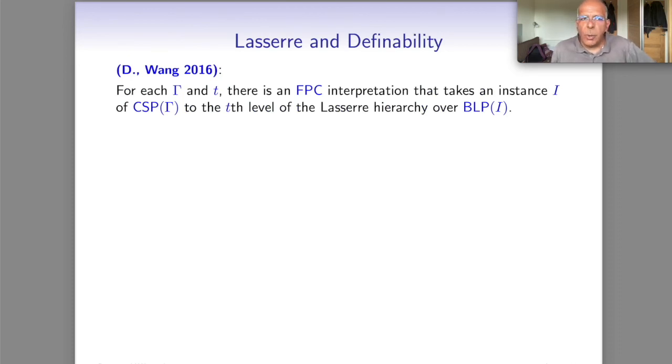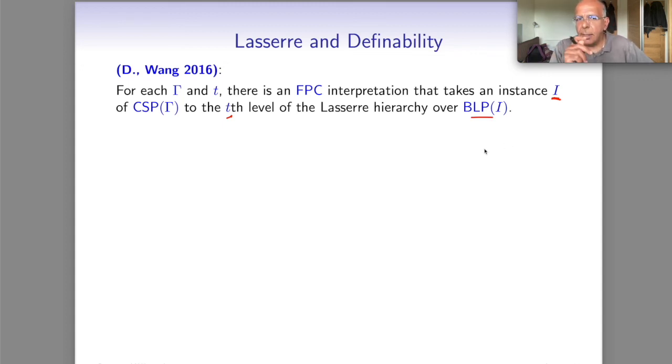So what does all this have to do with FPC? What we were able to show in a paper of mine with Pengming Wang is that for each gamma and t, you can define an FPC interpretation which takes a CSP instance I, and it defines within it the linear program which is the tth level of the Lasserre hierarchy over BLP(I).